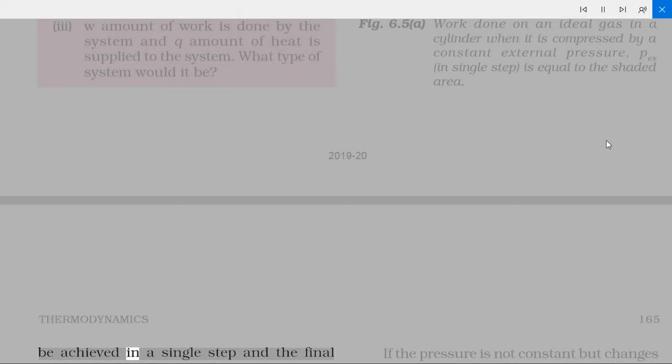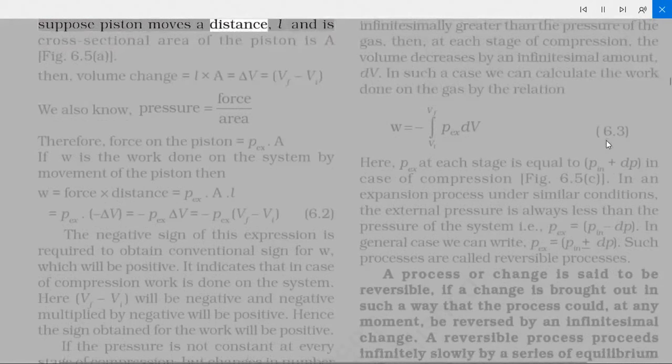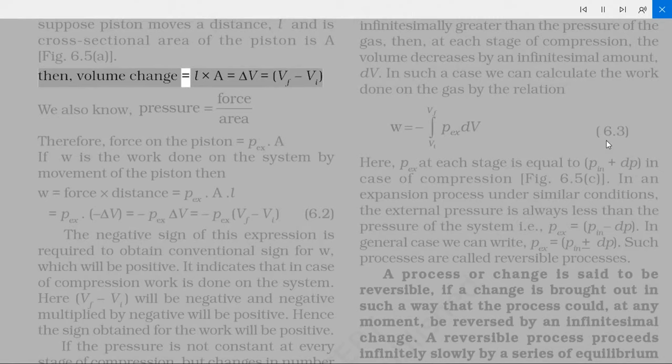The final volume is Vf. During this compression, suppose the piston moves a distance L and the cross-sectional area of the piston is A. Then, volume change is equal to L times A, which is equal to ΔV, that is Vf minus Vi.